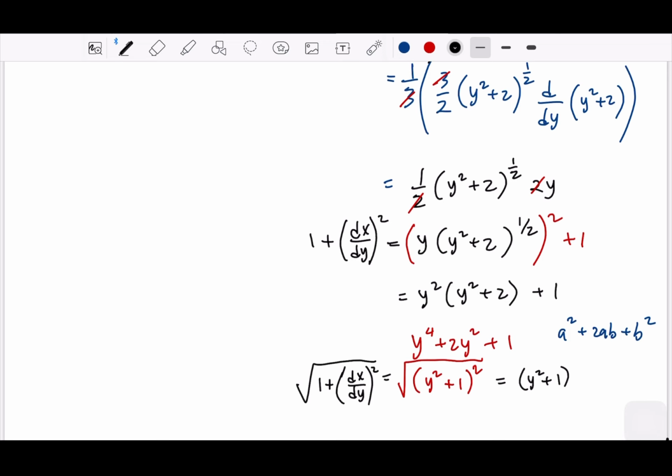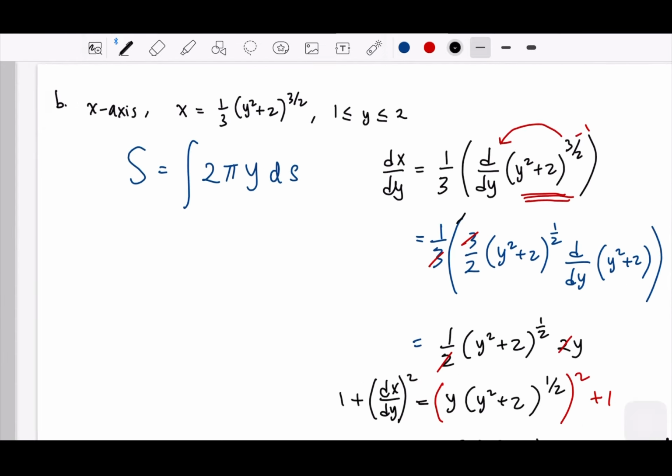So that means the way we integrate the whole solution for the surface area, dx over dy, is not related to the rotations. Rotation can be about the x-axis or y-axis, but dx or dy depends on the functions. We are the ones that decide. So if y is the one that we decide, then the whole process will be in dy. Because it can be dy, can be dx, right? So back to here.